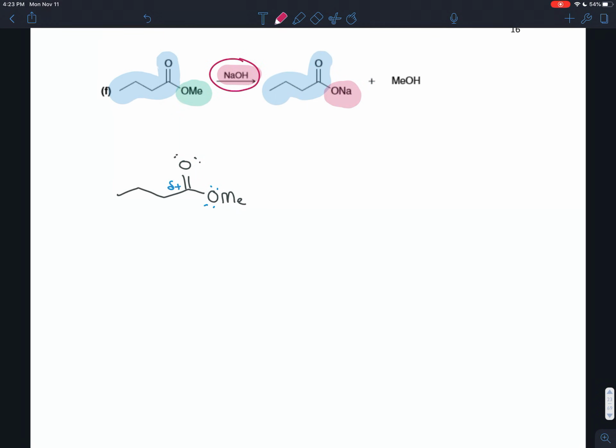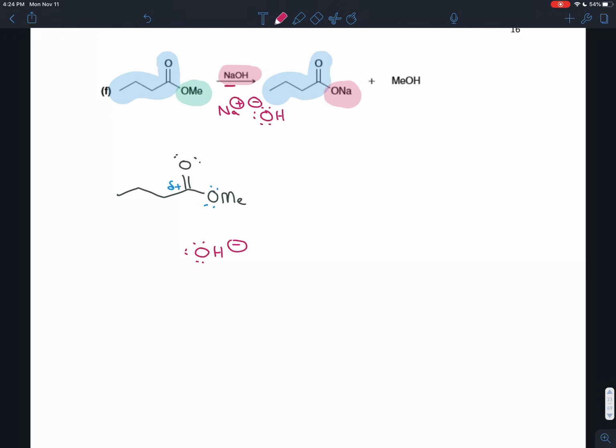The difference here is that our nucleophile has a full negative charge. Notice that sodium is a metal. Metals have very low electronegativity, so they give their electrons away to whatever they're bonded to, and here that means the OH is completely negative. So you have an ionic bond. And your real nucleophile is not NaOH, it's OH-.